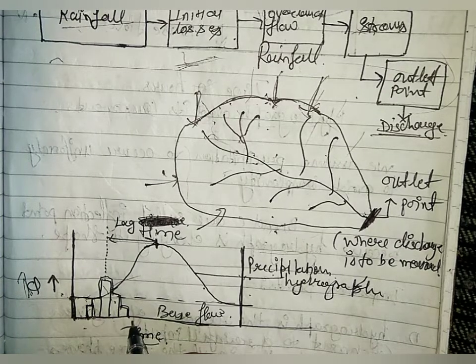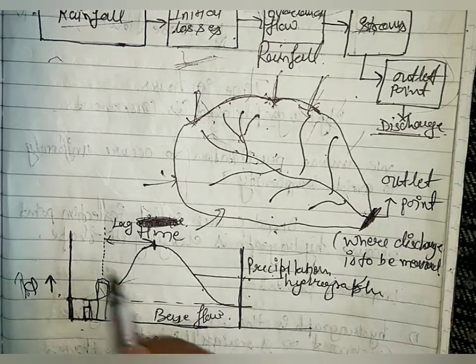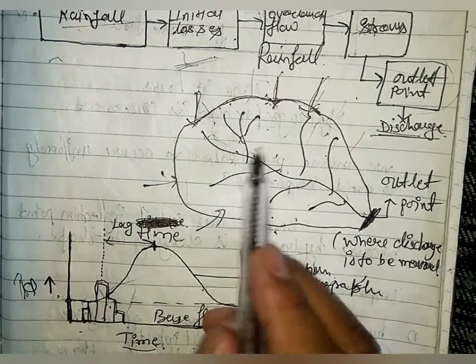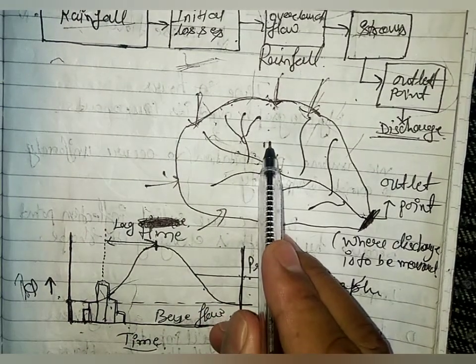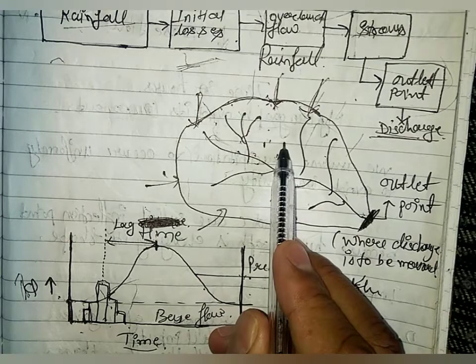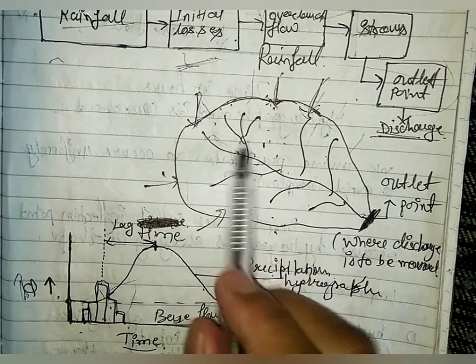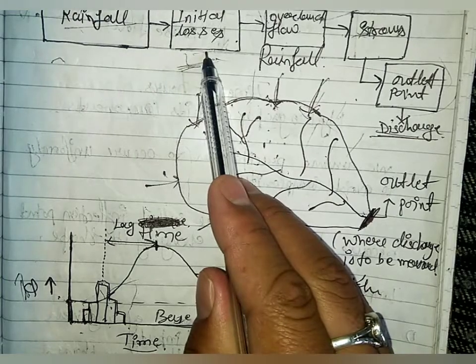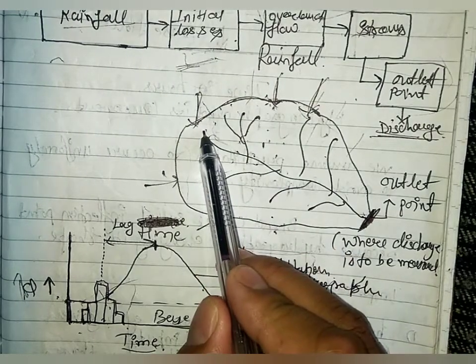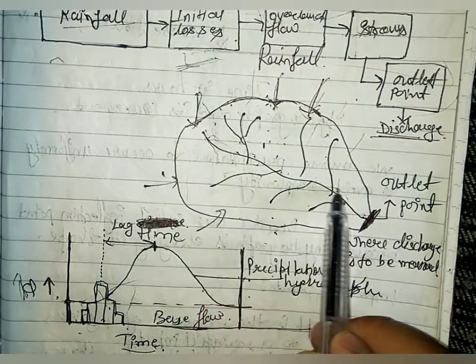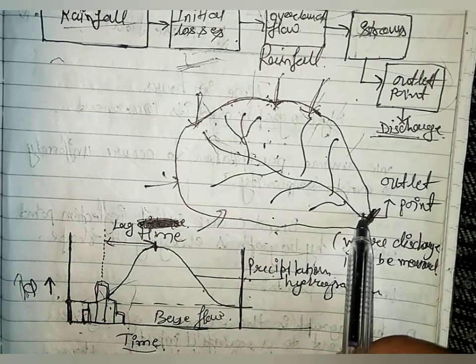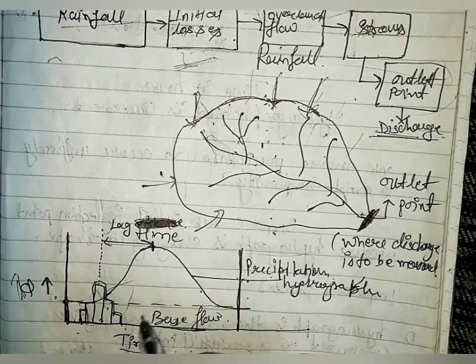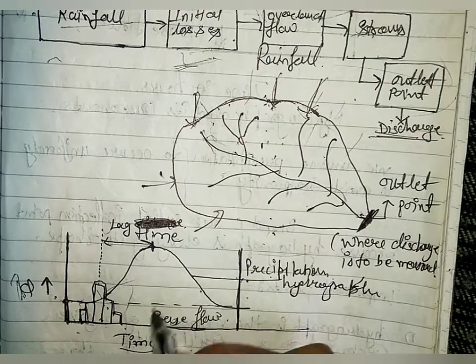Whenever this rainfall occurs in this catchment, before meeting the initial losses, the water which will be present in this stream will be your base flow. So what is the base flow?